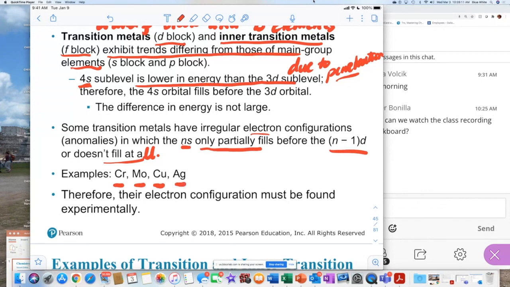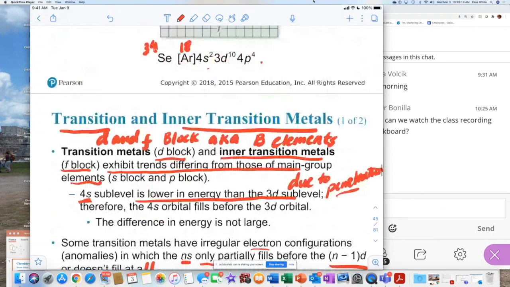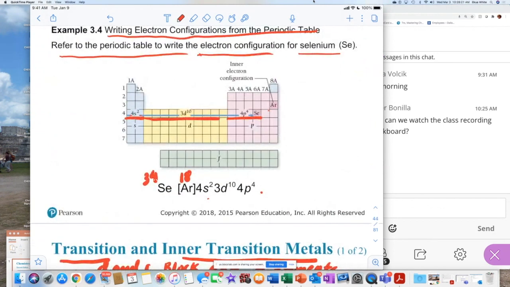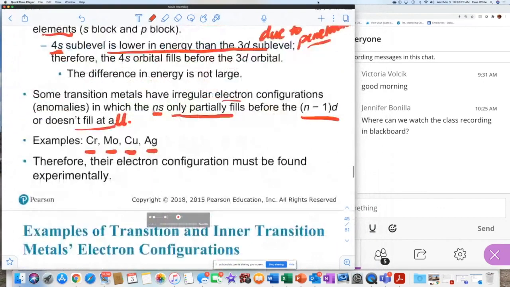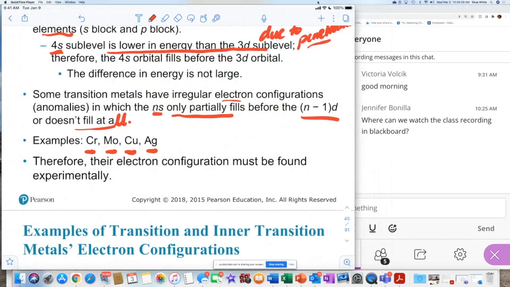What they're trying to say is the d orbital elements are so unique that it's not easy to use the method we've been using so far, the periodic table method of just counting from left to right to figure out what the configuration is. So the example for those elements: chromium, molybdenum, copper, silver, I'll say here platinum and palladium.